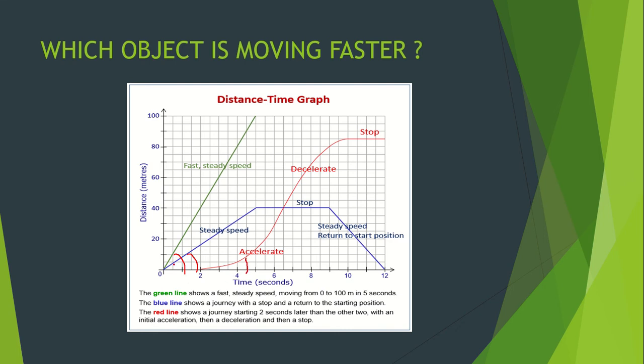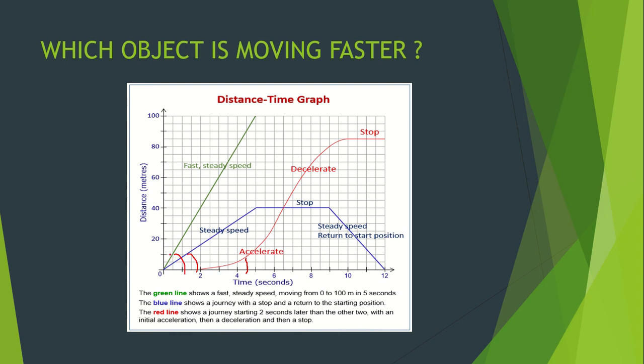All three graph lines are making different angles with the time axis. So the green line shows a fast steady speed, moving from 0 to 100 meters in 5 seconds. The blue line shows a journey with a stop and a return to the starting position. The red line shows a journey starting 2 seconds later than the other two, with an initial acceleration, then a deceleration, and then a stop. You can compare these three angles.